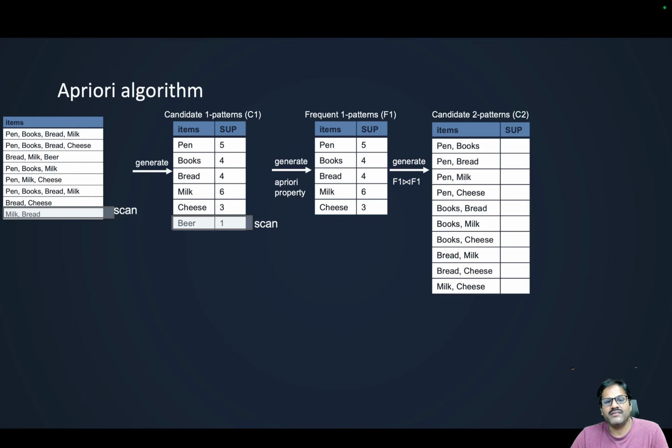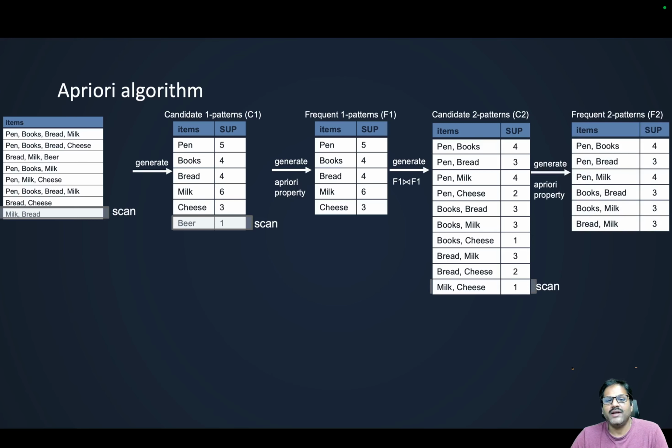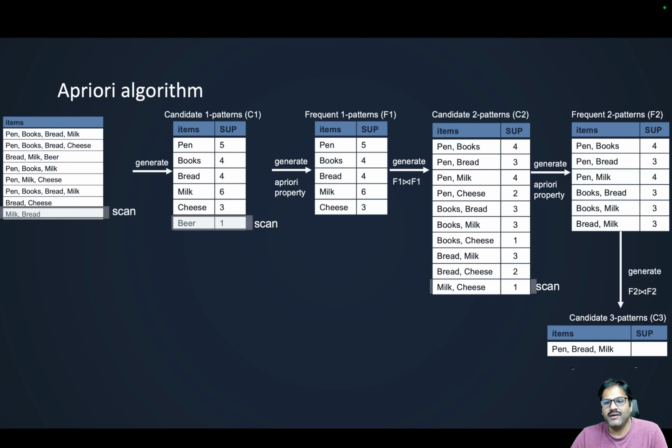Once we have generated C2, we again scan the database and fill in the support values. Then we perform a scan on C2, using the a priori property, to find frequent 2 length patterns. Next, perform a join on frequent 2 patterns and generate candidate 3 length patterns.